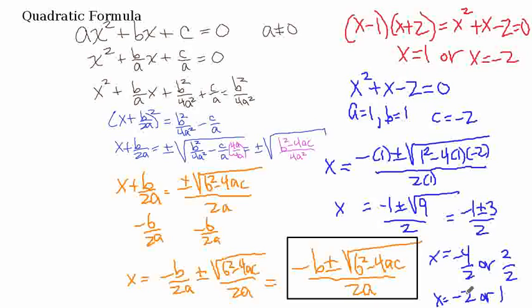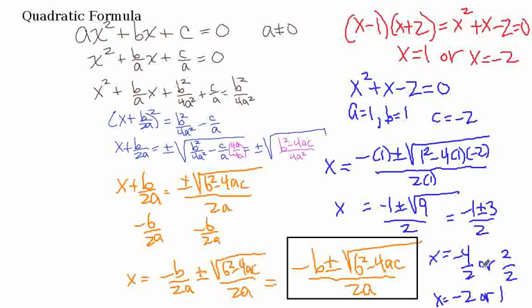Remember how quadratic equations can have 0 solutions, 1 solution, or 2 solutions? You can tell by the square root part of the quadratic formula. In this problem that I just did, I had a square root of a positive number.